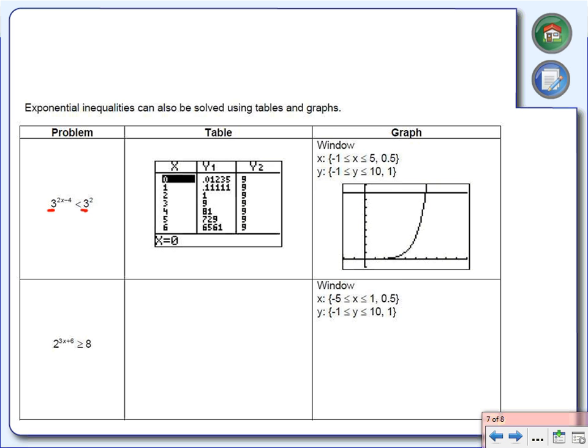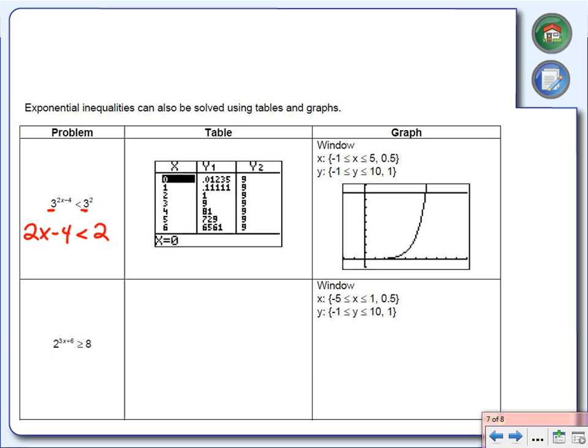Because the bases are the same, we can take the two exponents, 2x minus 4. Now, a second ago, we were working with the equation, so all we did was set the two exponents equal to each other. But we're not working with equations anymore. Now we're working with inequalities, which means instead of using an equal sign, I'm going to be using the inequality symbol, which in this case is the less than.